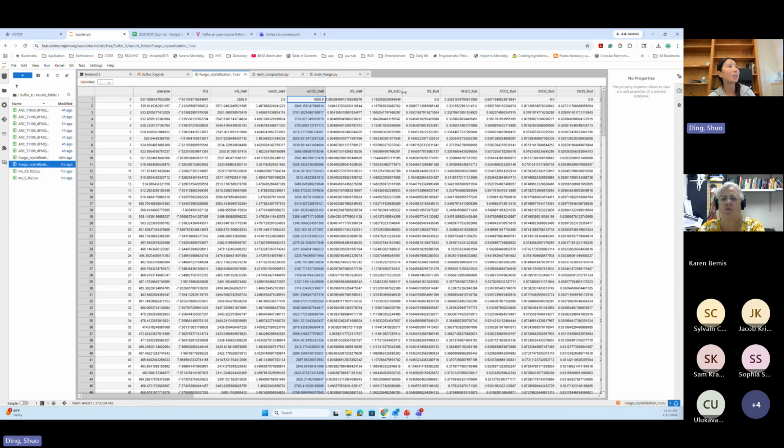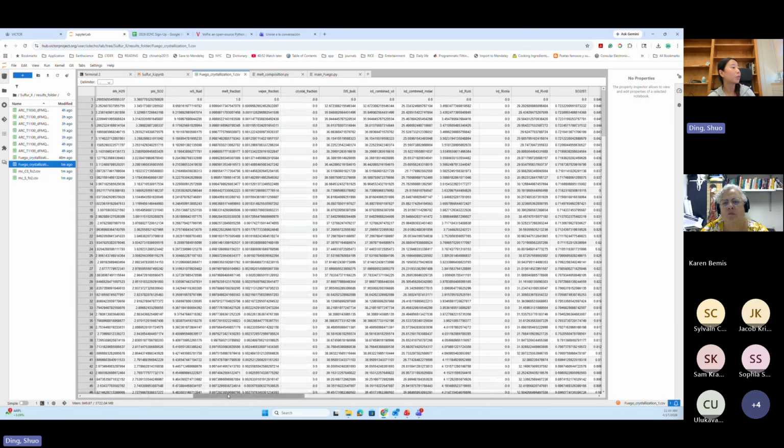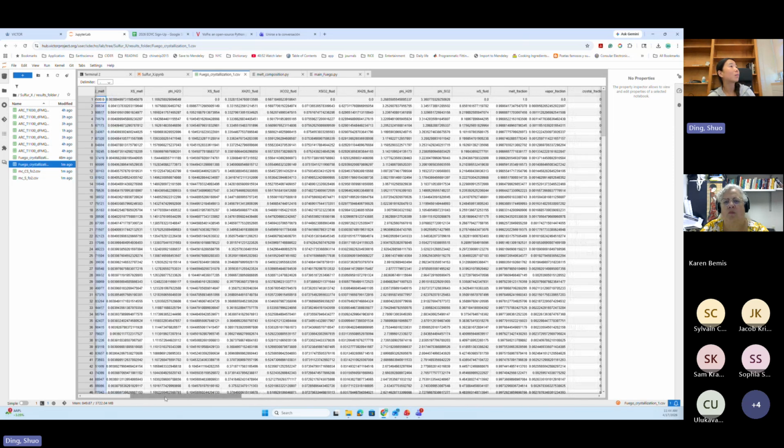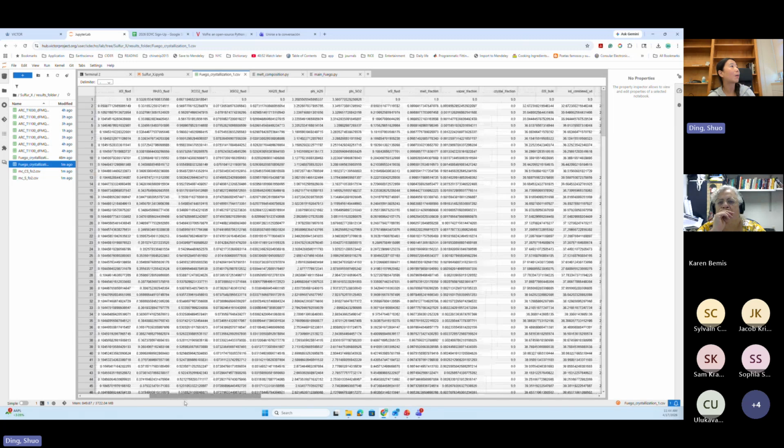W means weight because it also outputs the mole fraction later. So the weight percent for water, and ppm for sulfur and CO2. I think that's the interesting output.